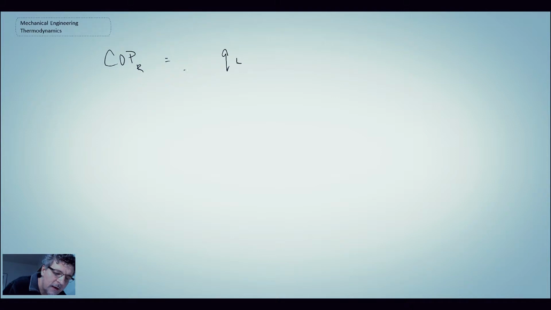So our desired output is the heat transfer from whatever low temperature source we have. And the amount of work that we're putting in, we put in work into the compressor, and we recover some work out of the turbine. And so it's the difference between those two would be the work in, and then enthalpy differences are where we get all of the different parameters from.